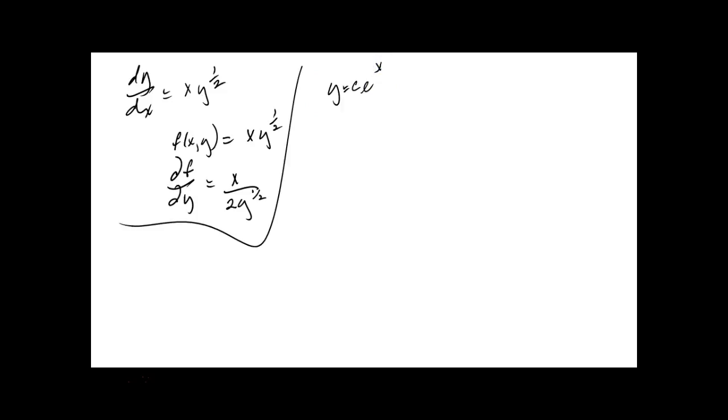Okay? Now, what's the requirement for uniqueness? That the partial, okay. You also need the differential equation. dy dx is equal to y. I think that was it, wasn't it? Yeah. Okay. So, what is required is the partial of f, okay.